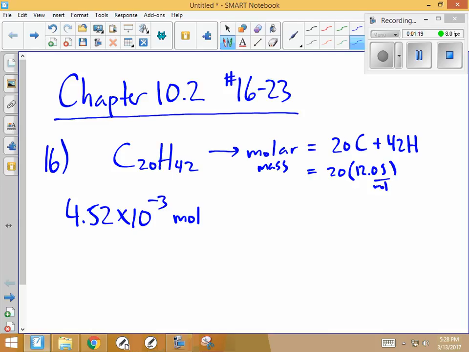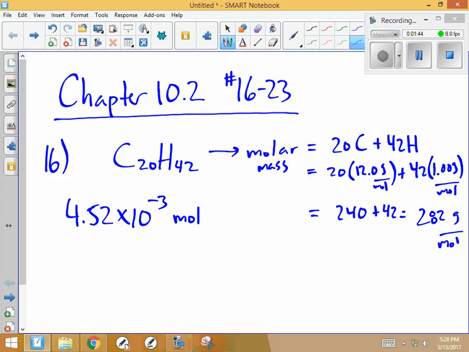Don't forget those units. Plus 42 times 1.00 grams per mole. That total is 240 plus 42 equals 282 grams per mole.